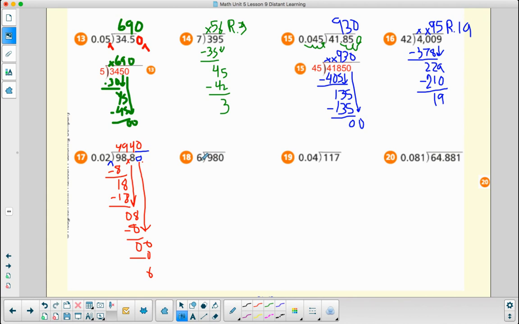980 divided by 6. There's 1 6 in 9. 1 6 uses 6 of them. I have 3 left. Bring down my 8. 38 divided by 6. I could use 6 groups of 6. 6 groups of 6 are 36. I have 2 left.